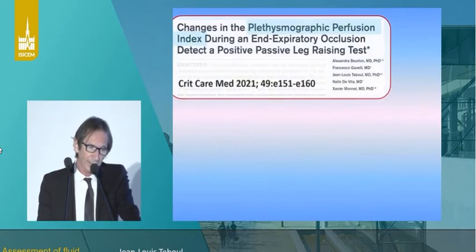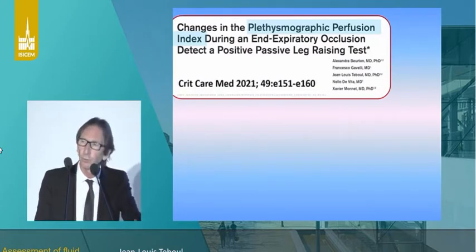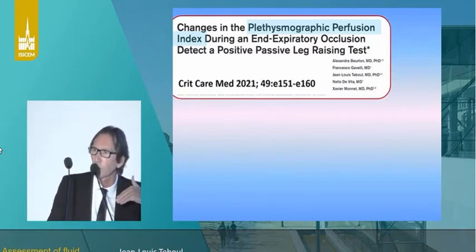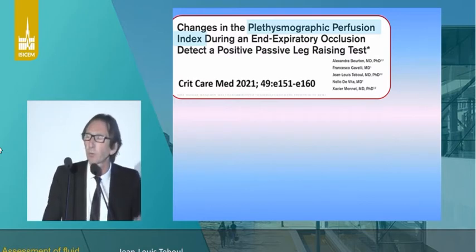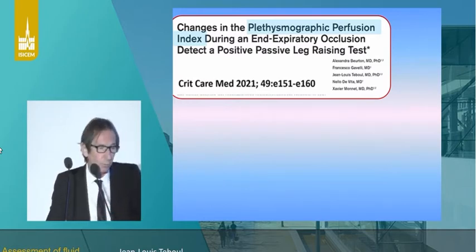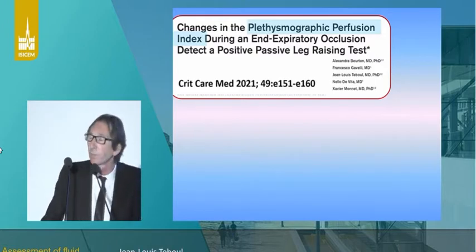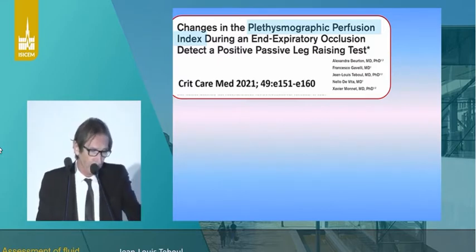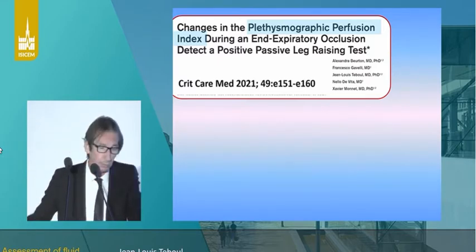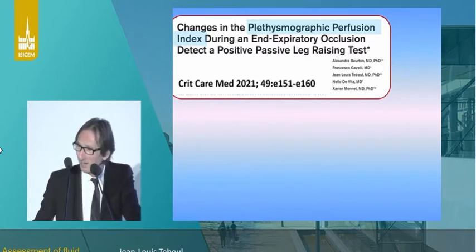More recently, we tried to replace cardiac output by other techniques. And for example, we looked at the changes in the plethysmographic perfusion index during the test, and this paper was published recently. Alexandra Burton was one of the authors with Xavier Monet and Nello De Vita, who is on the first row. Hello.